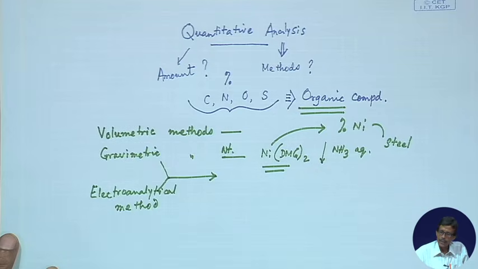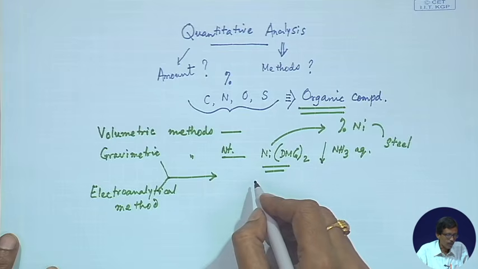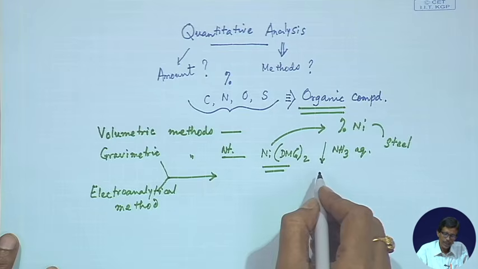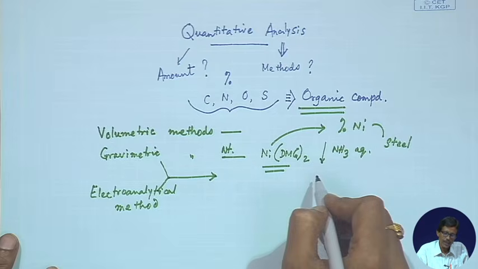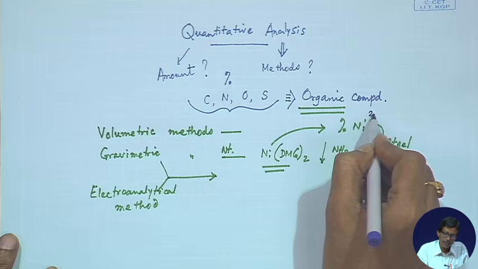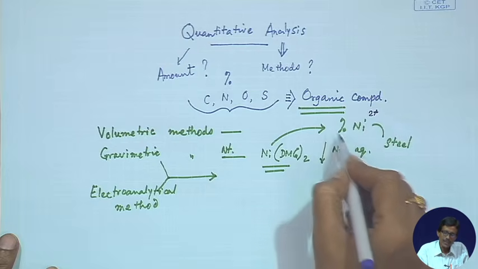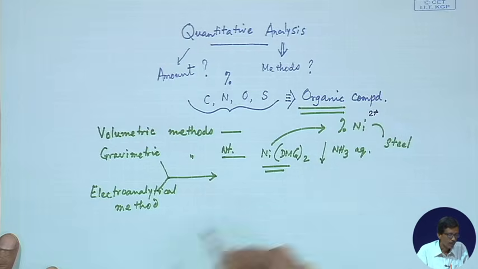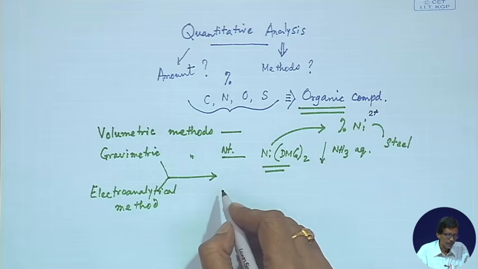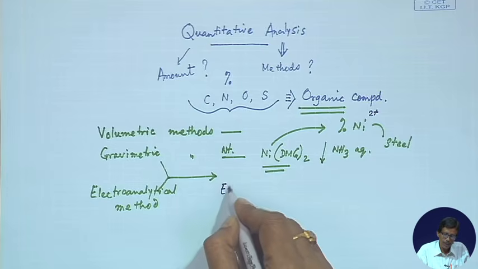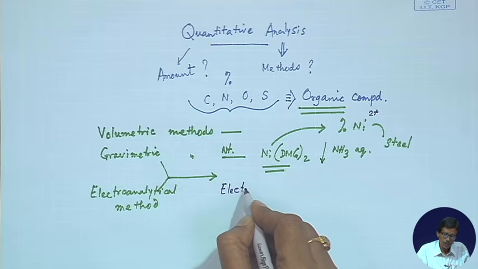Electroanalytical method, and in that particular electroanalytical method, the mass of the analyte we can analyze. So, this is typically a simple gravimetric method from the addition of DMG to nickel 2 plus, and as a percentage of nickel we can analyze it. But in these electrochemical methods, what will we be measuring? That means some electrical property we will be measuring.